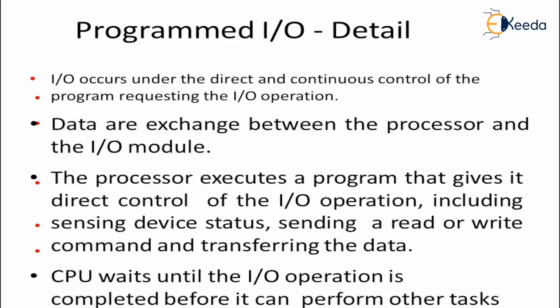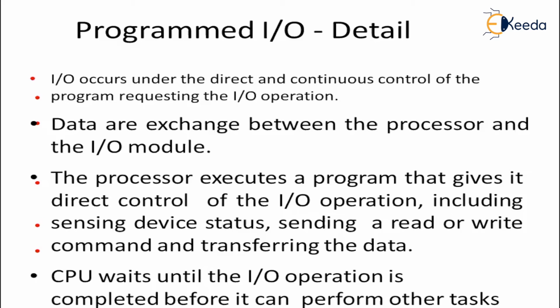The processor executes a program that gives direct control to the I/O operation, including sensing of the devices. After sensing, it is mainly the read or the write operation, and which command is used for transferring the data.